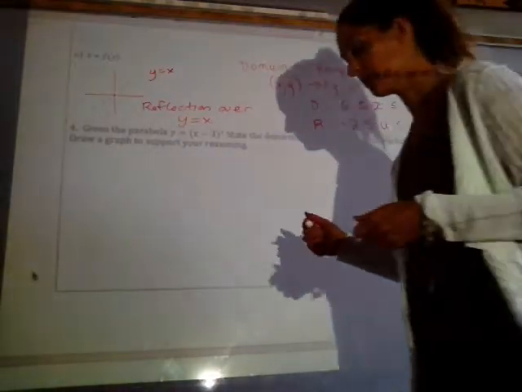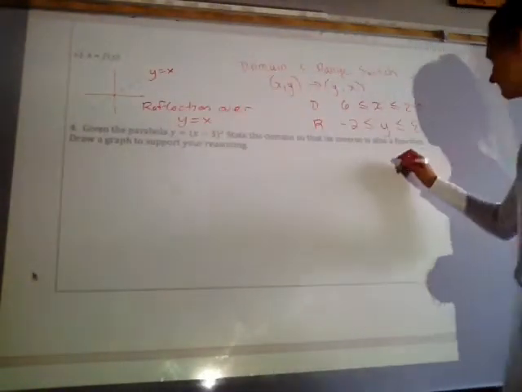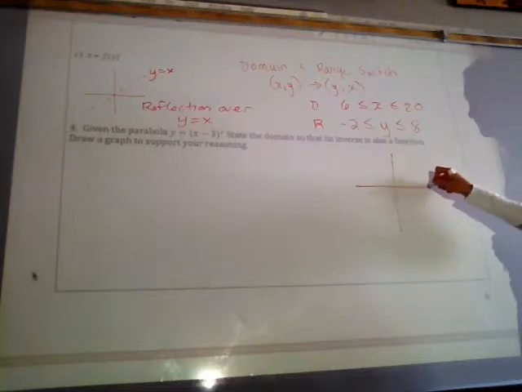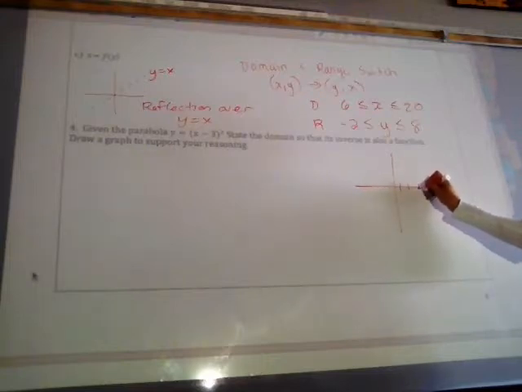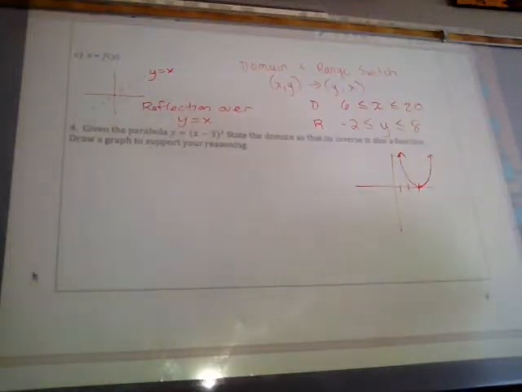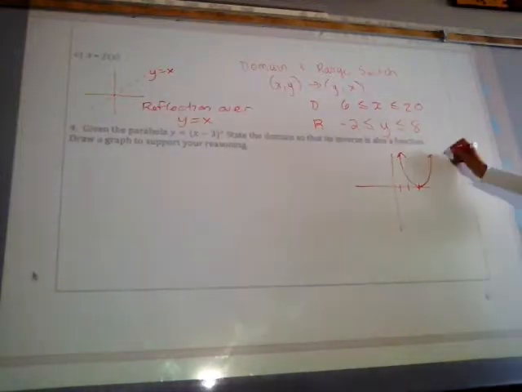Okay, so maybe I'll draw it first. Okay, we have a parabola, (x minus 3) squared. That's what it looks like.